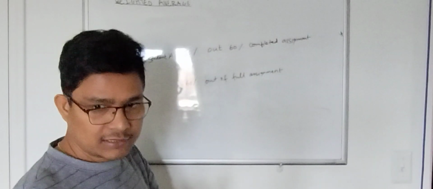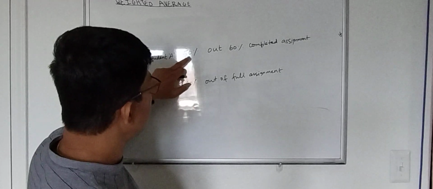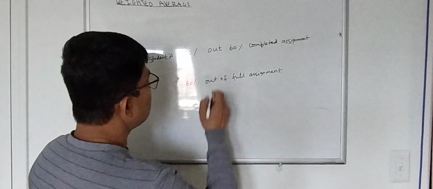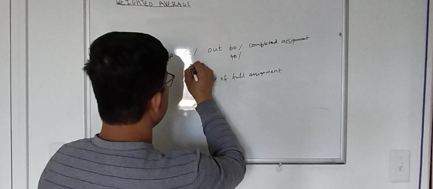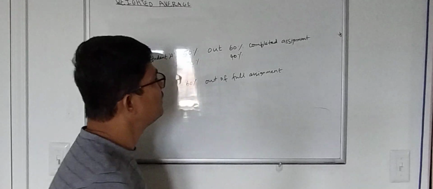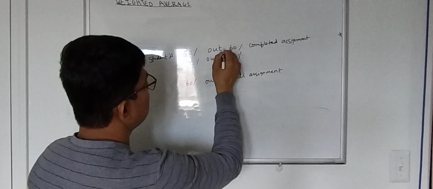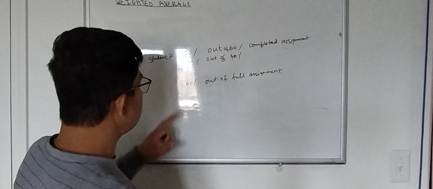He completed 60%, remaining is 40%. He had scored only 50% out of that 60%. Now, in the remaining, how much does he have to score? Let's say X percentage out of the remaining 40%, so that his average will be 60%.